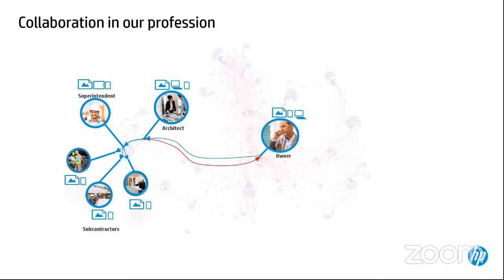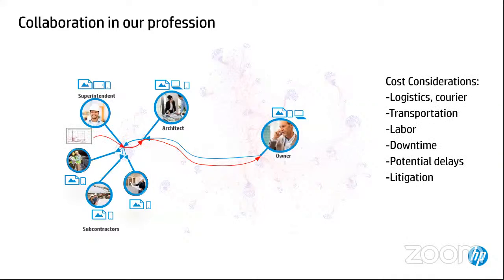Hence, we must ensure that this collaboration happens seamlessly. With so many parties to touch base with, a lot of times in different areas or time zones, real time communication is key. There are cost implications when a team and its business partners' collaboration is not at an optimal pace. Let's go through them.